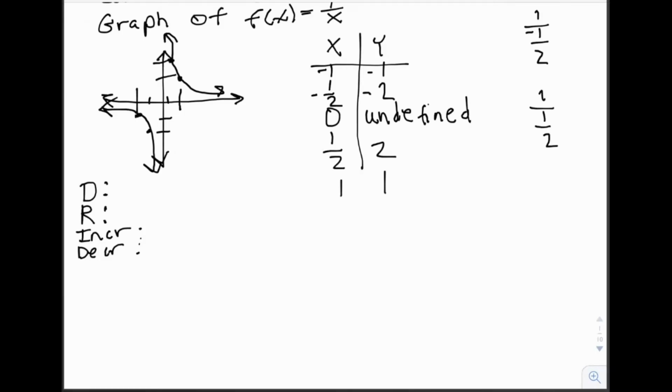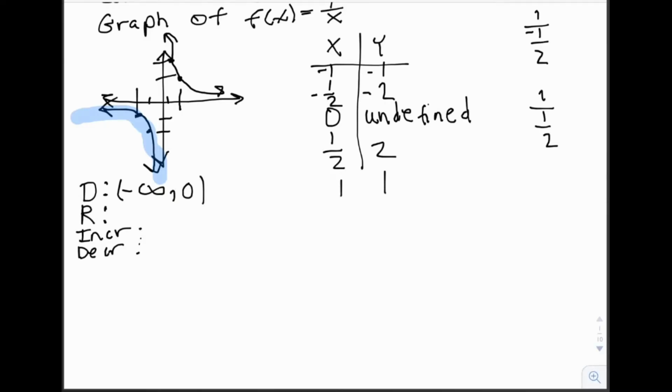So let's go ahead and figure out what the domain and the range is. The domain, if we go left to right, we're going to go left and then continue to go right, and we're going to get really, really close to this 0, but not quite touch it. So in this case, we will go from negative infinity to 0.